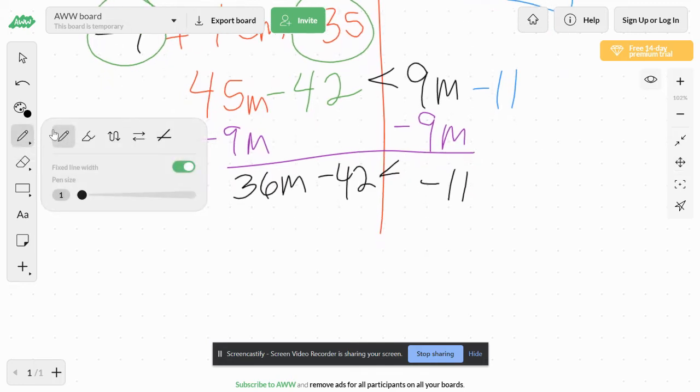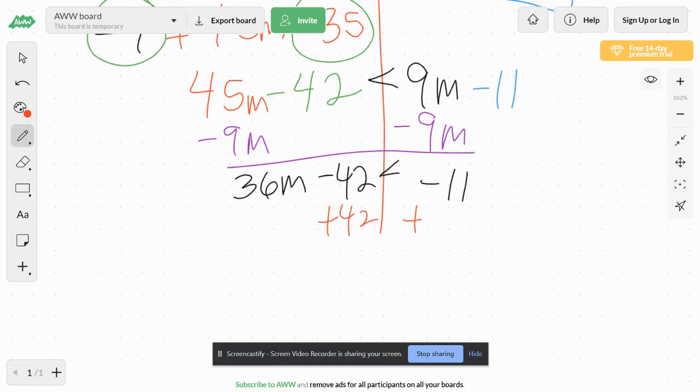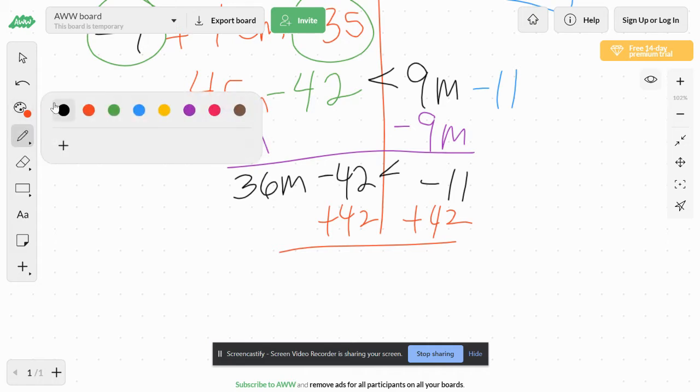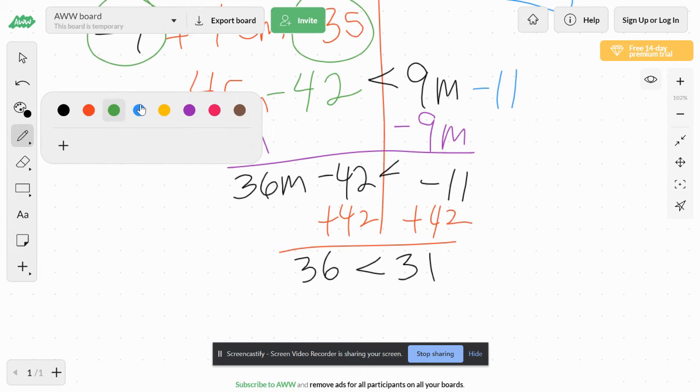Now it becomes a two-step inequality. So you have 36m less than, what is it, 31? Yep. And you might get a fraction here, which is not a bad thing. Oh, forgot the m. There's the m.